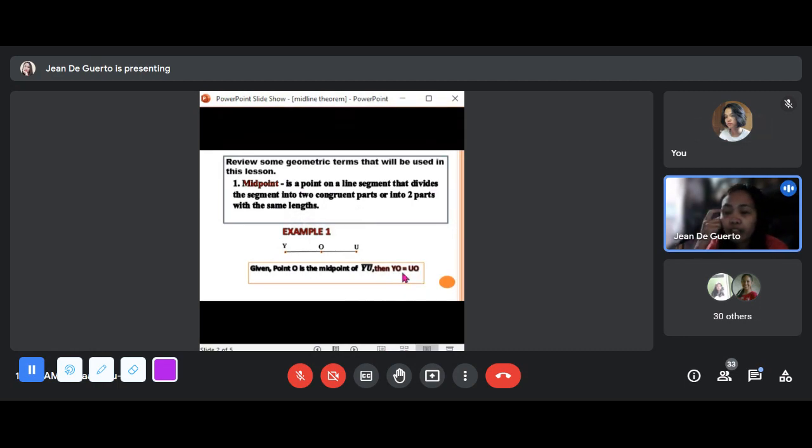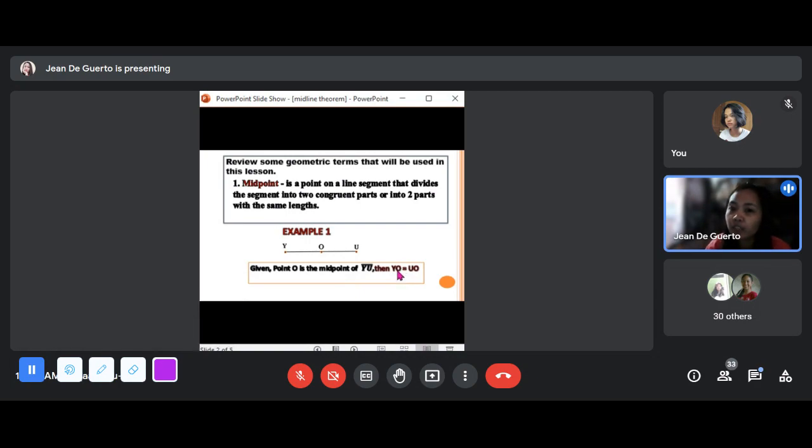Take note pala, if you are comparing the parts, you are going to make use of the congruent symbol. But if you are referring to the measure, you make use of the equal sign. Sa geometry, the equal sign means equal measurement, so measure ang pinag-uusapan.